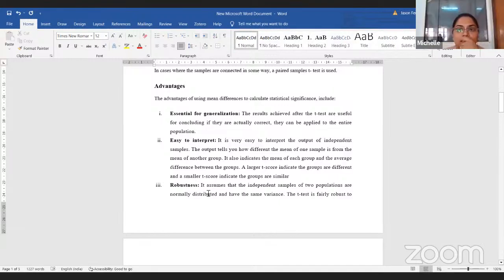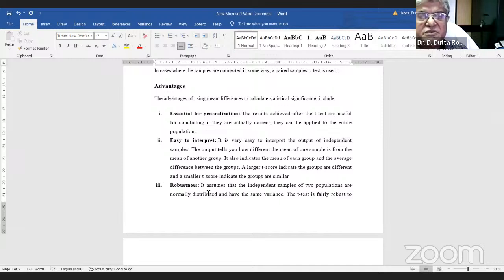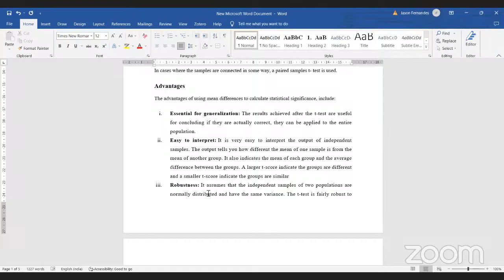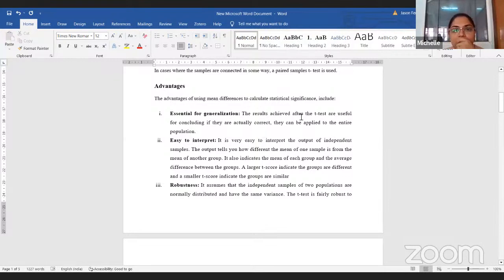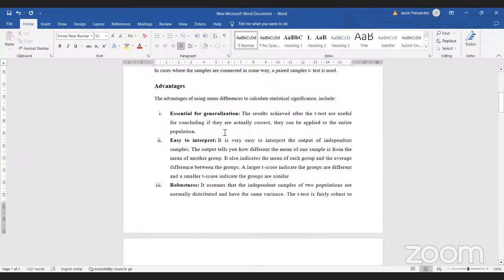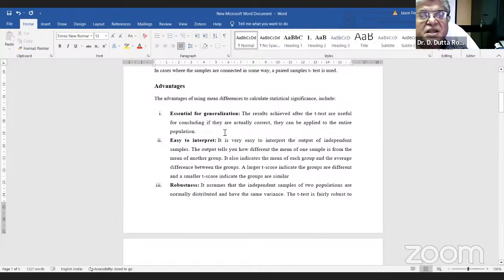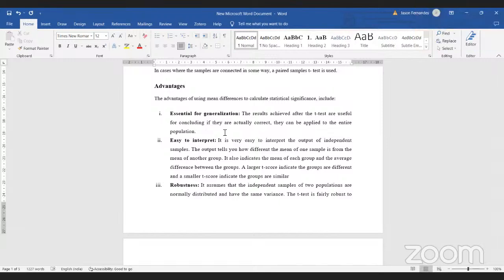Yes, but this particular sentence may create confusion. Which sentence, sir? Whatever is written: the t-tests are useful for concluding if they are actually correct.